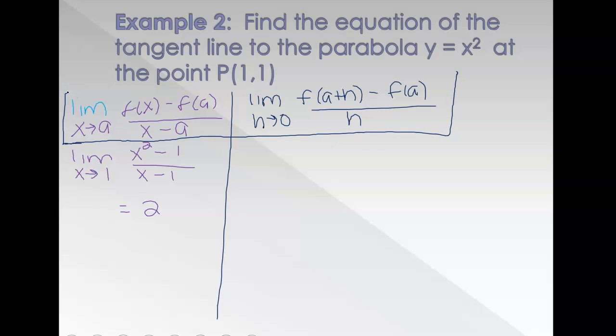So now let's look at it. So a plus h is going to look like a plus h squared minus f of a, which is a squared, because you're plugging a plus h and a into f of x, all over h.